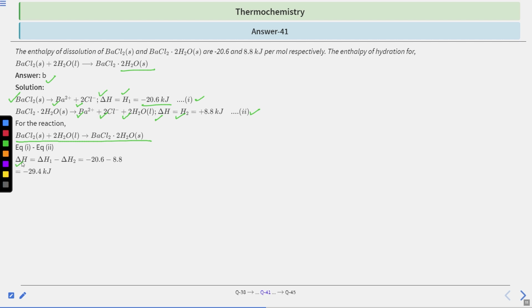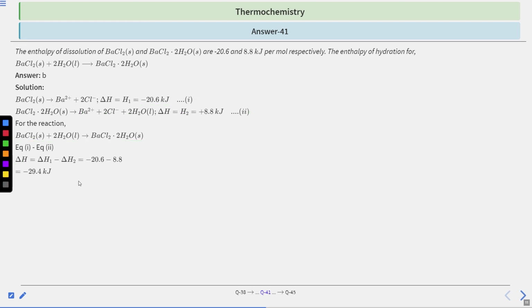So the final enthalpy for the final reaction is del H1 minus del H2, that is enthalpy of the first reaction minus enthalpy of the second reaction. It is minus 20.6 minus 8.8, right? And on solving, we have the enthalpy for the final reaction as minus 29.4 kilojoule. Hence, option B is the correct answer.